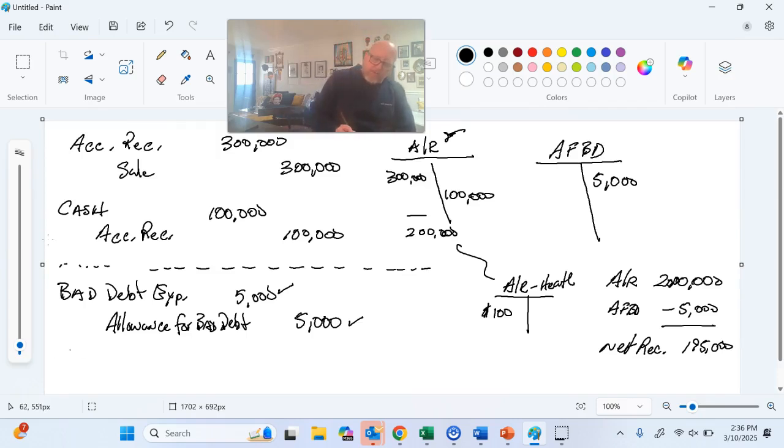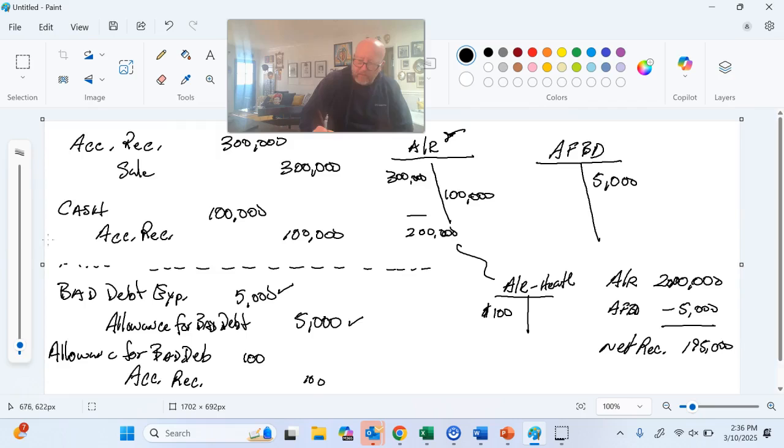What we are going to do is debit the allowance, and just to be consistent, for bad debt, it could also be allowance for doubtful accounts. That will be 100. And we are going to credit accounts receivable 100. I want to point out a couple of things.